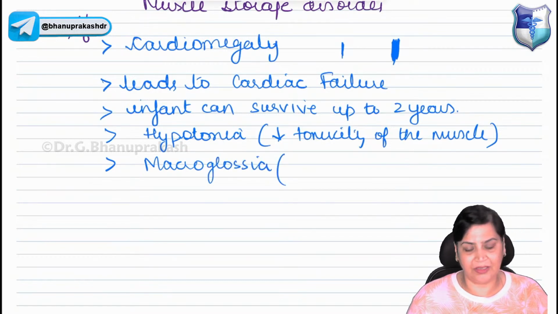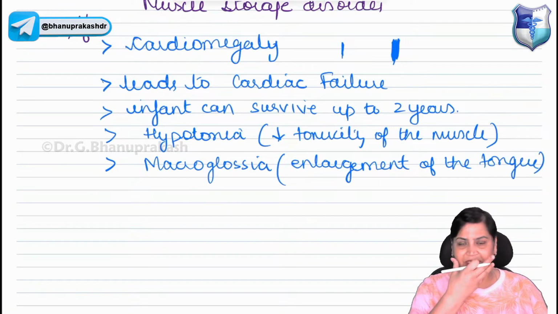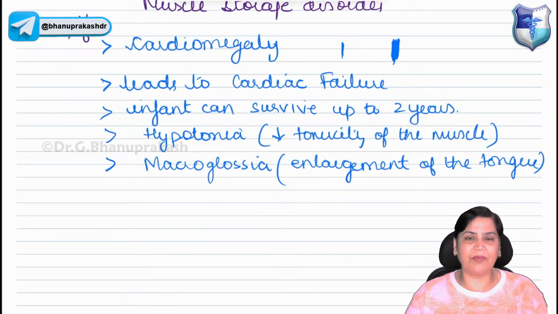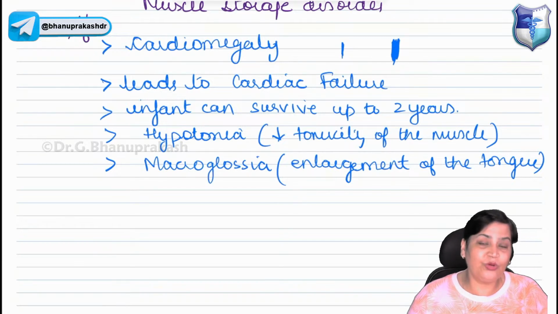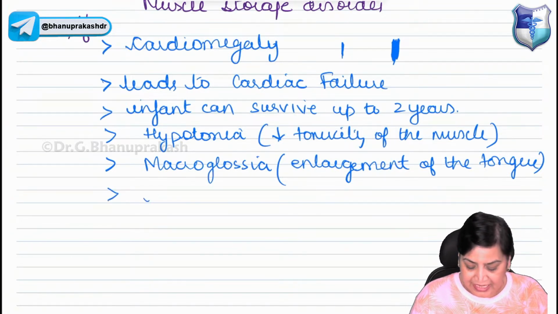Enlargement of the tongue. So you can just imagine, if the tongue enlarges, the shape of the tongue becomes huge, it is difficult to feed the child also. Okay, so difficulty in feeding.